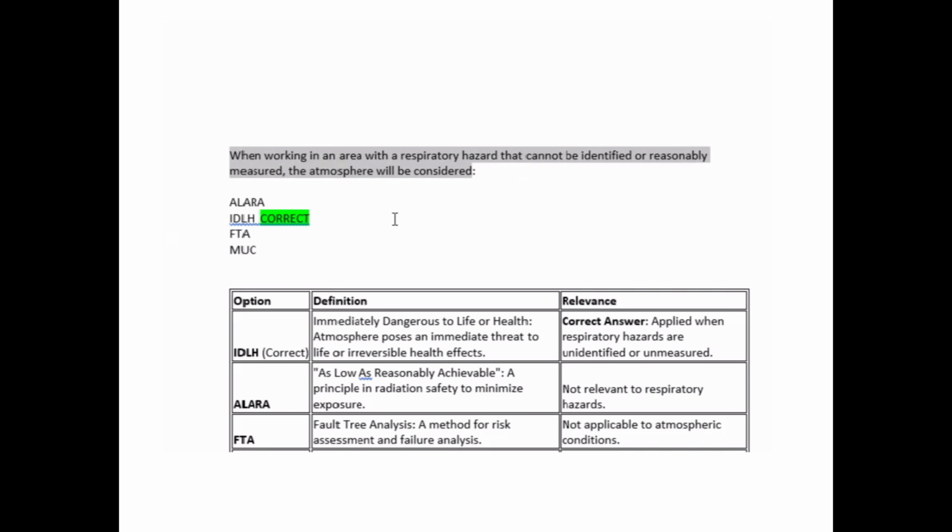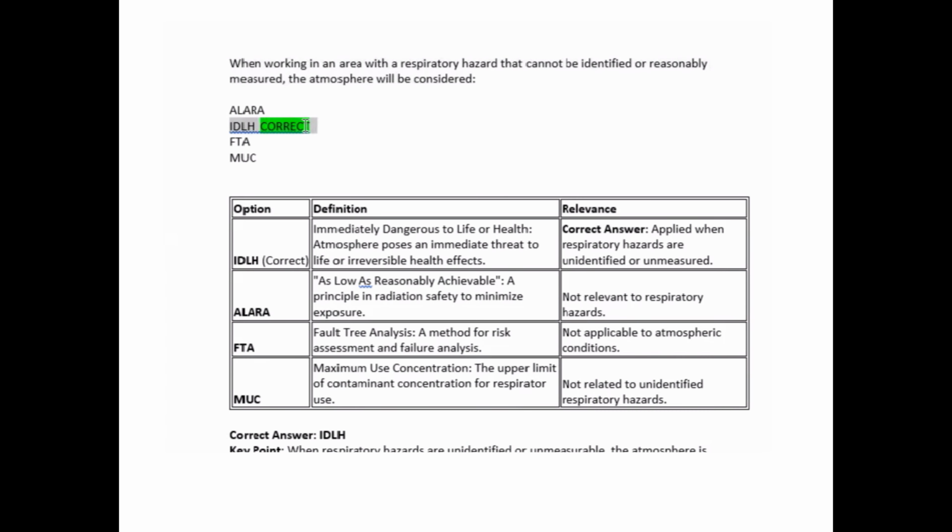How do you consider that area? More risky or less risky? If you don't know what gas is present, or you have no measurement, then definitely you need to consider it as IDLH, that is immediately dangerous to life and health.